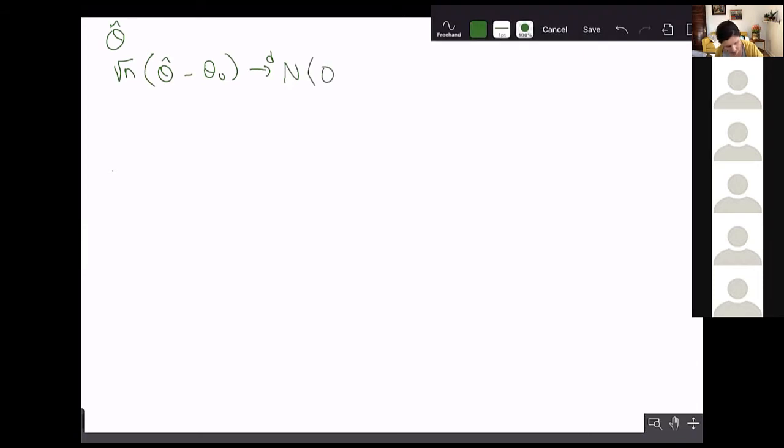That means as your sample size goes to infinity, your distribution is asymptotically normal, and you know the mean and the variance.